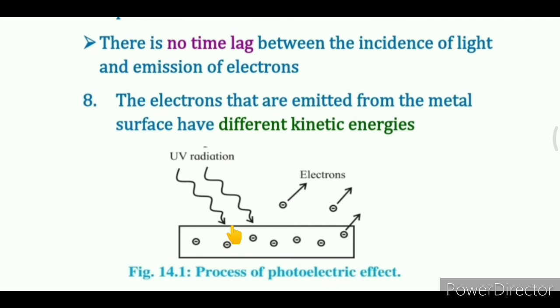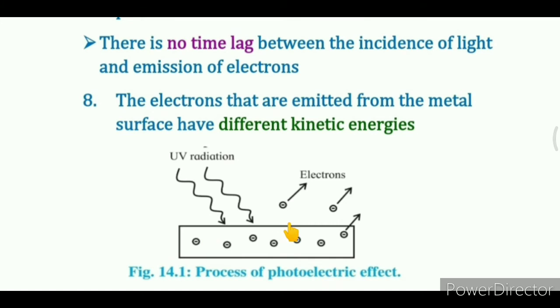Then from the remaining part, the minimum amount of energy will be used to leave the surface, and the remaining part of the energy will appear as the kinetic energy of the photoelectrons.